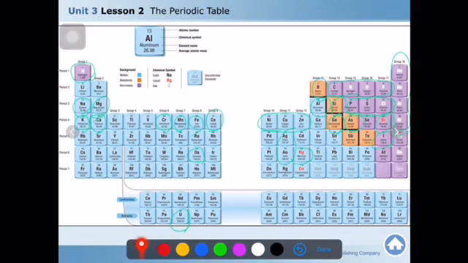As I explained before, at the top you are able to see the atomic number. You do not need to memorize the atomic numbers of all elements. I want you to memorize the chemical symbol and the element name.